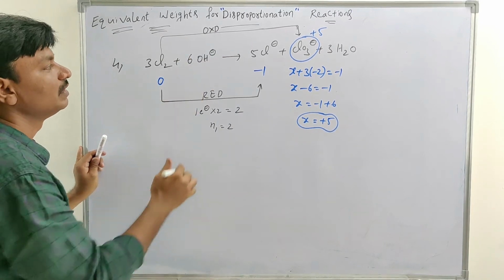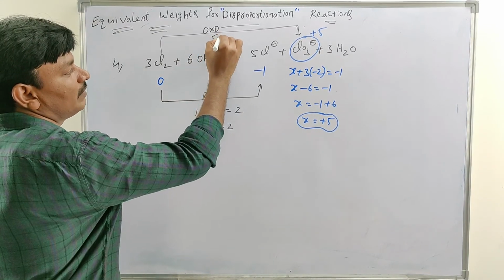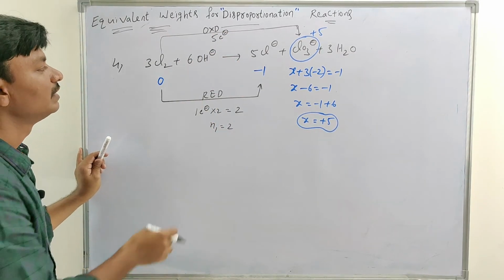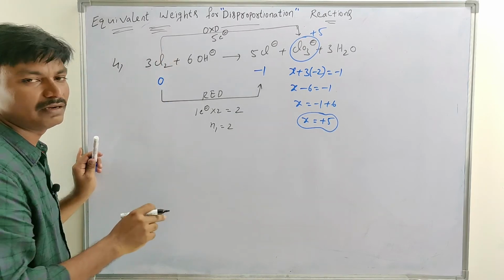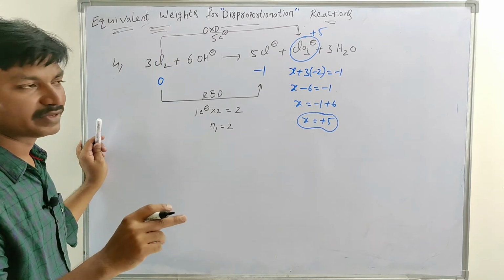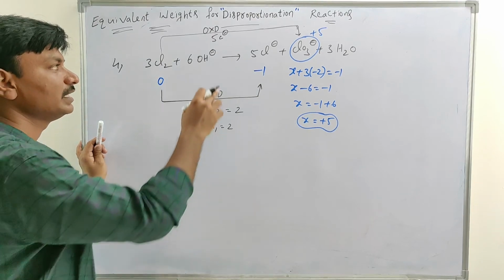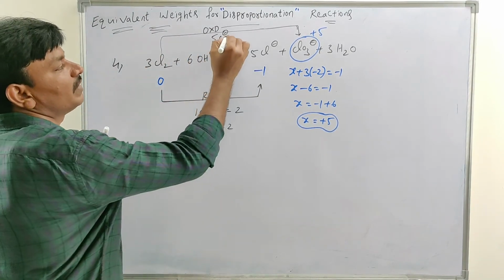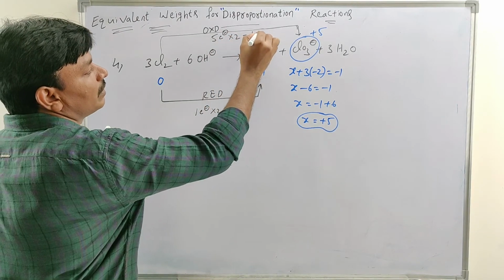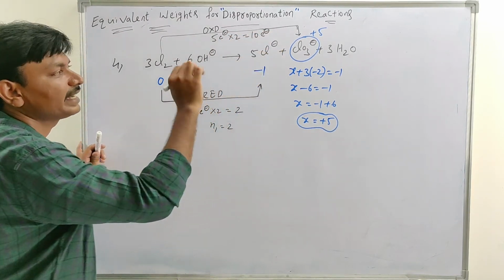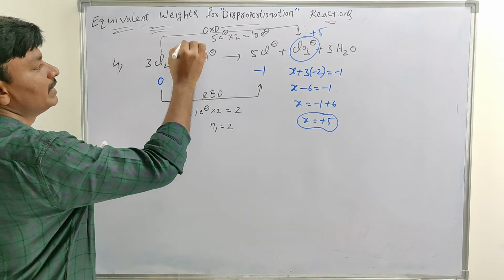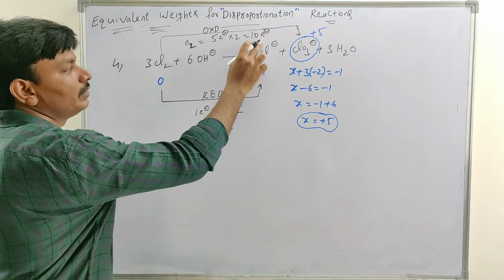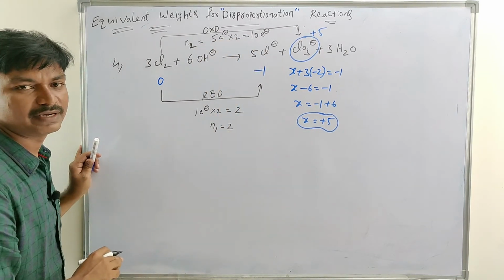Here 2 chlorine atoms are present in the Cl2 molecule, so 5 into 2 equals a total of 10 electrons involved in the second case. The second case means N2. N2 equals 10 electrons, N1 equals 2 electrons.